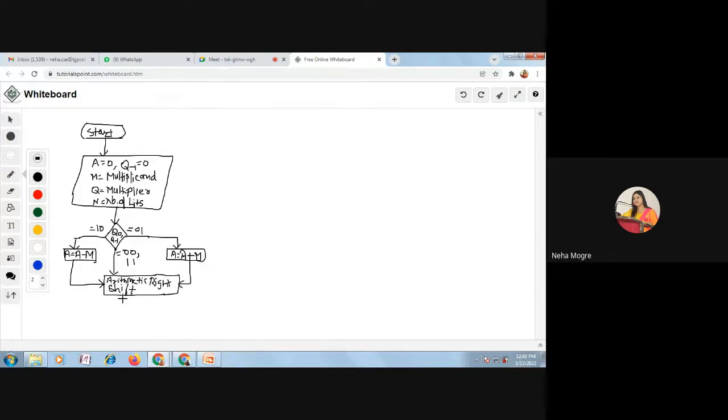Right? After this arithmetic right shift, immediately we are going to decrement the value of n. n is the number of bits. Decrement the value of n by 1. Right? And then again, we are going to check the value of n. So when n equals 0, question mark.